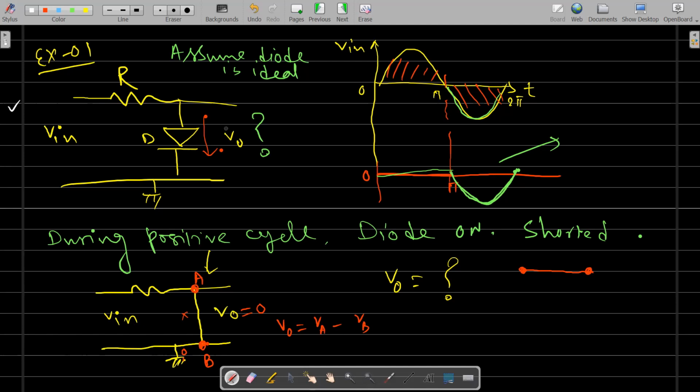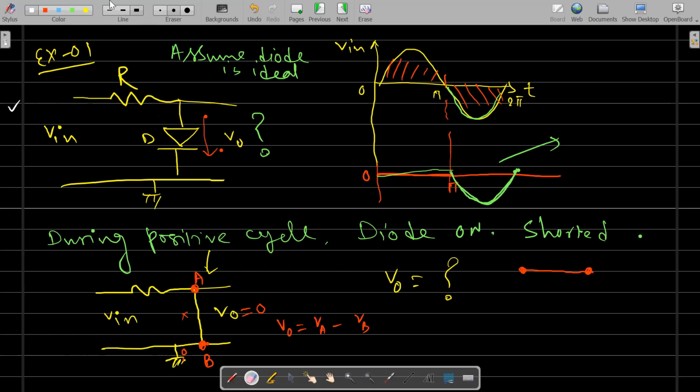So if you consider the practical case, you need to consider 0.7 volt instead of 0. Just to simplify our analysis and get the concept of the clipper circuit, we consider the diode to be ideal in nature.